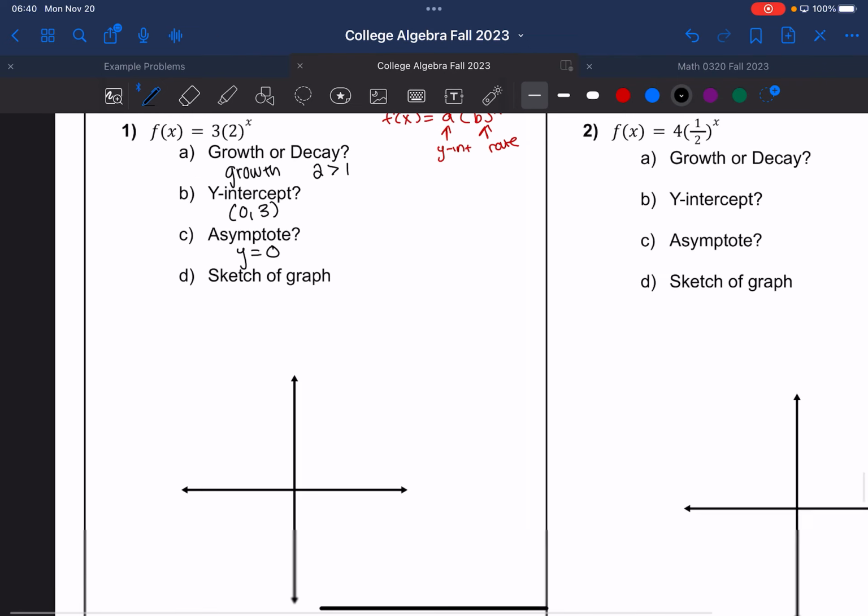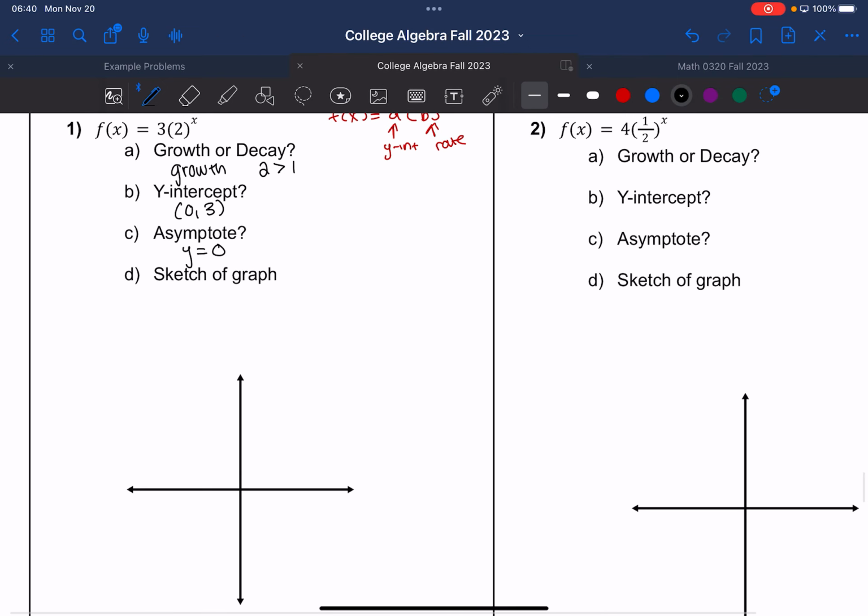So if we were to sketch this, that y equals 0 is right here. This tells us that our graph is not going to go past that y equals 0 line. So it's not going to go past it. Okay. The first thing we plot when we're sketching these graphs is the y-intercept. So the y-intercept is 0, 3.